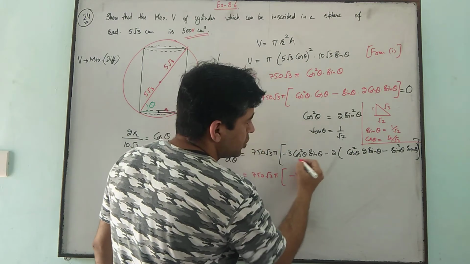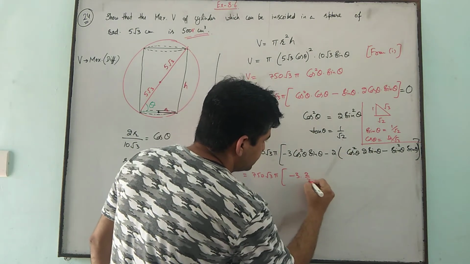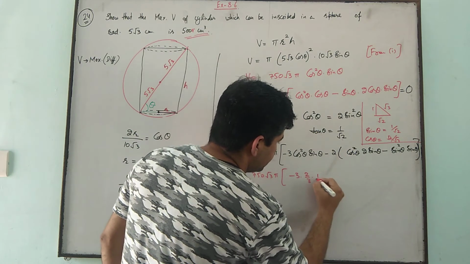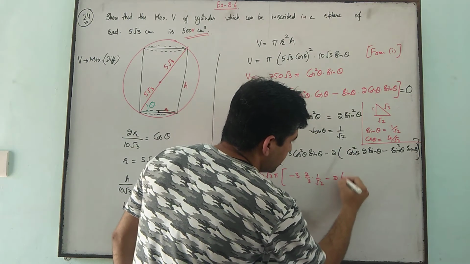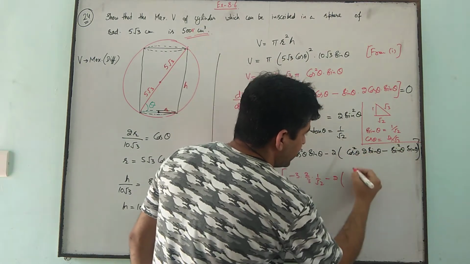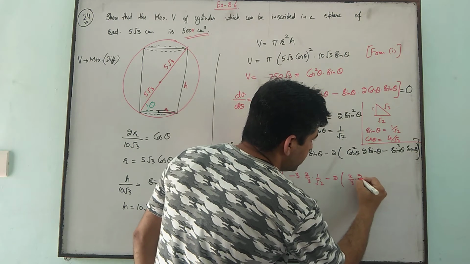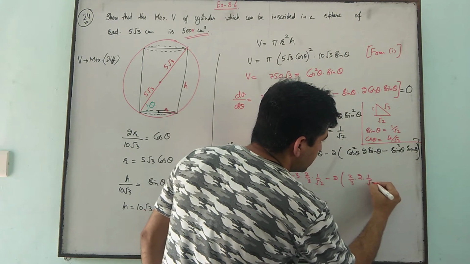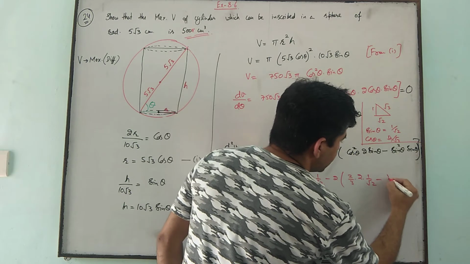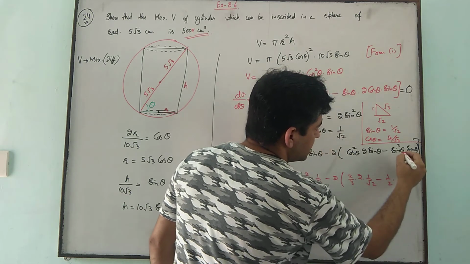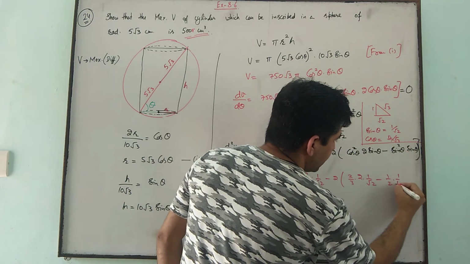Minus 3 cos theta, cos theta is root 2 by root 3, that is 2 by 3, into 2 sin theta, sin theta is 1 by root 2, minus sin square theta is 1 by 2 and sin theta is 1 by root 2.